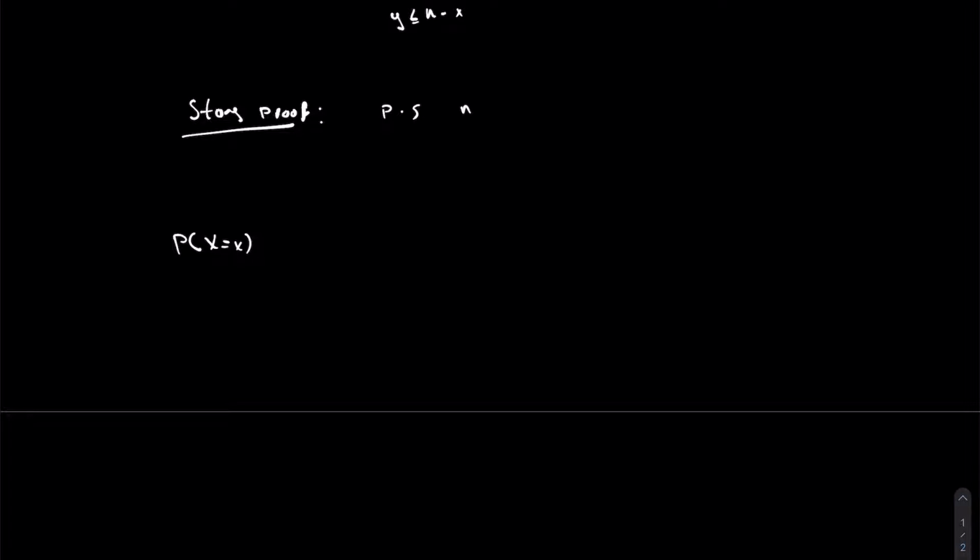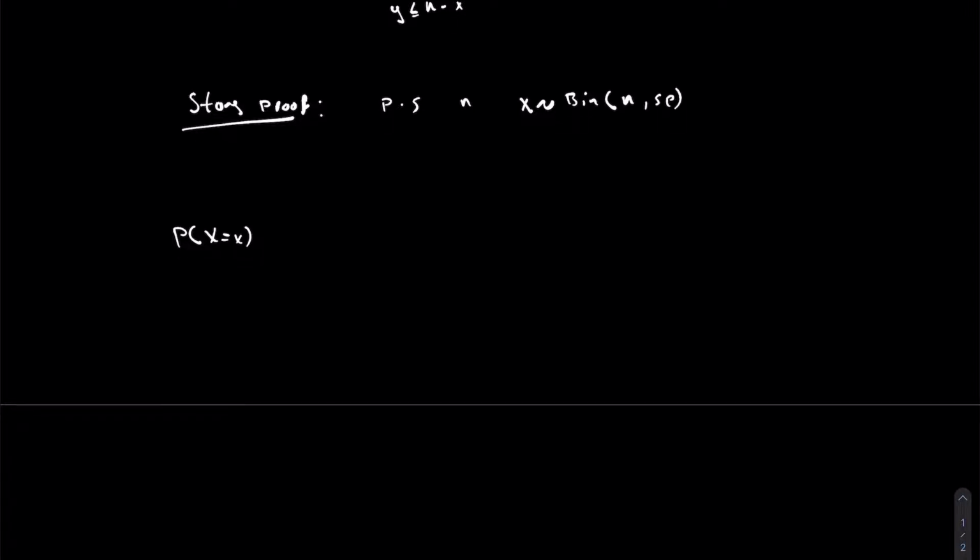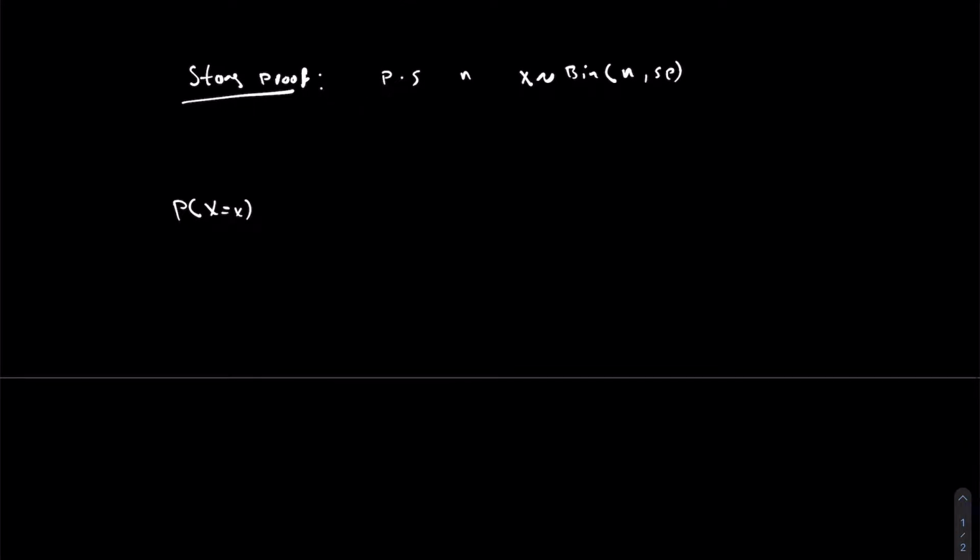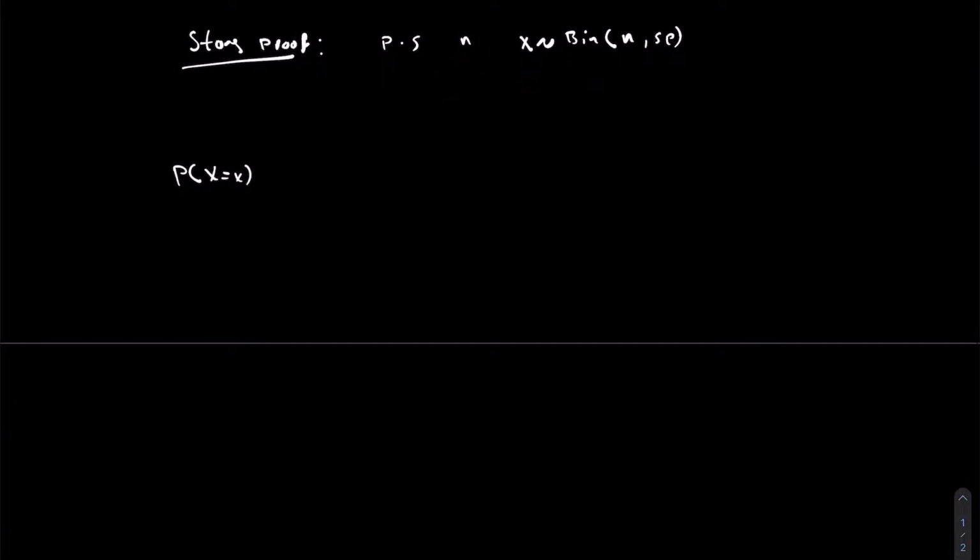So it must be that X is distributed binomial, chosen from n with probability s times p. So that's a pretty simple sort of proof. Because these two stages are independent, we can just basically multiply them together, and n is fixed. So what we end up with is X distributed binomial.